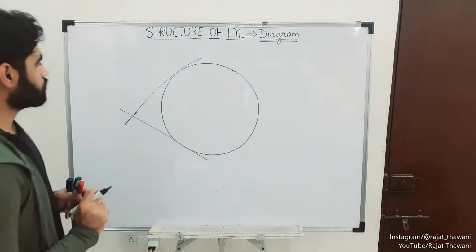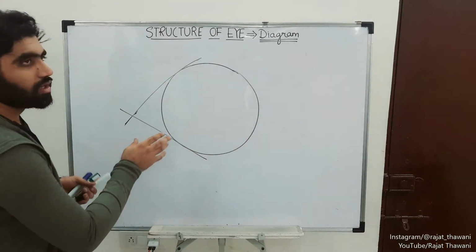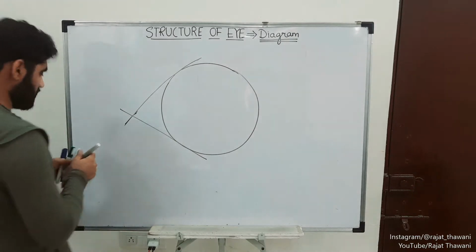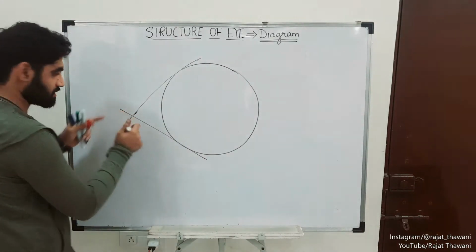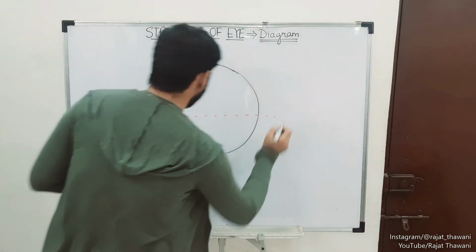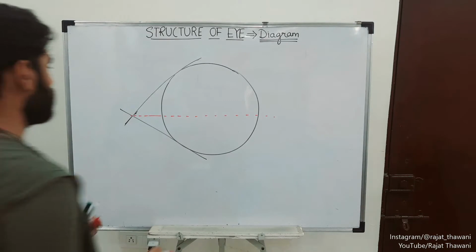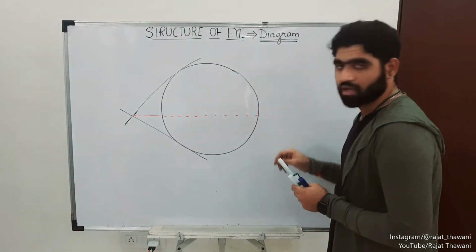So once you draw two tangents, the next step is to draw a partial or dotted line horizontally from the point where the tangents intersect. Now it's your choice, either above this line or below this line.